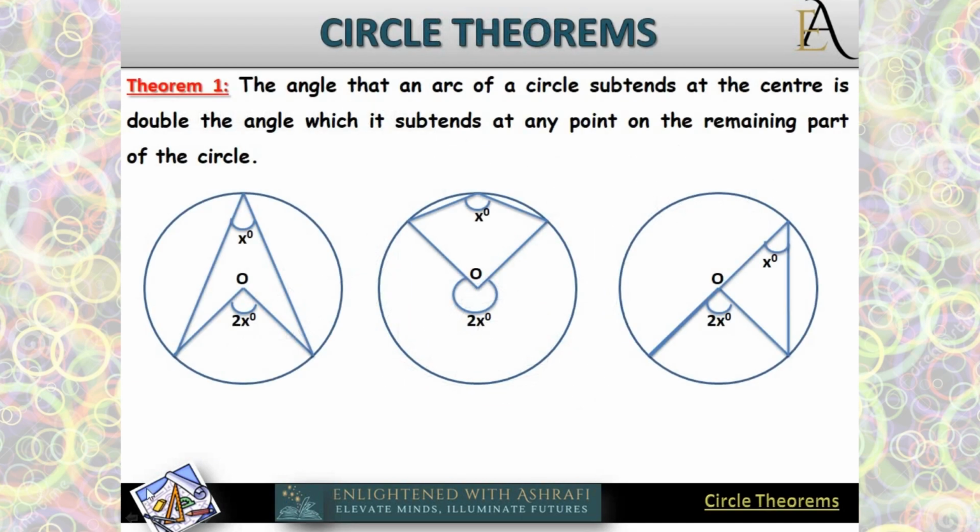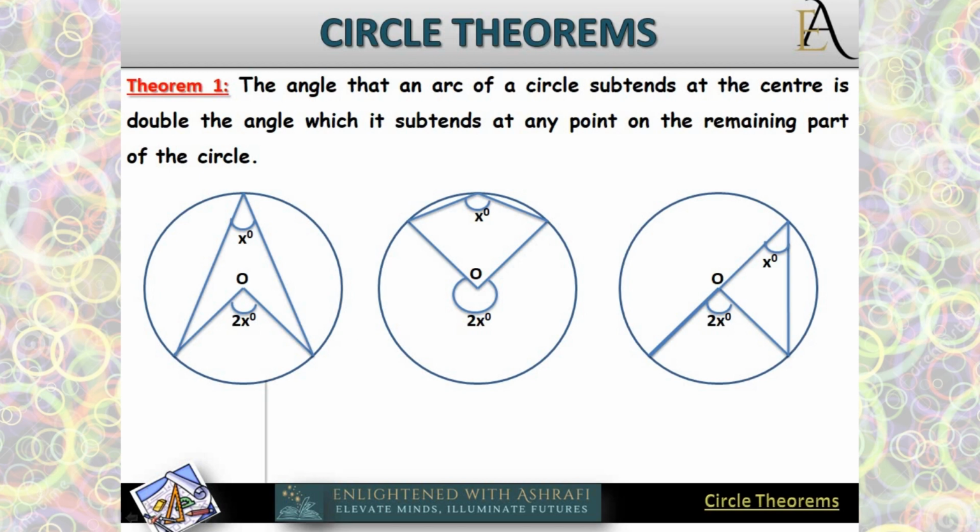Let's start with our circle theorems. The first theorem: the angle that an arc of a circle subtends at the center is double the angle which it subtends at any point on the remaining part of the circle.